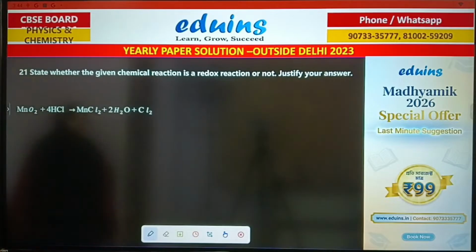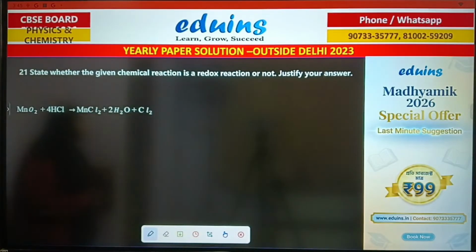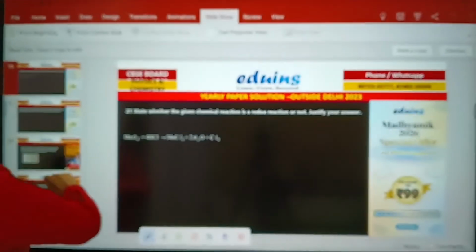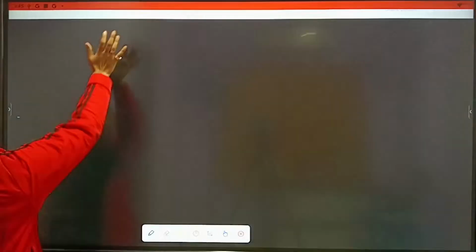For our syllabus, we know that if any substance loses hydrogen, that means an oxidation reaction occurs. Or if the reactant loses oxygen, that means a reduction reaction occurs.